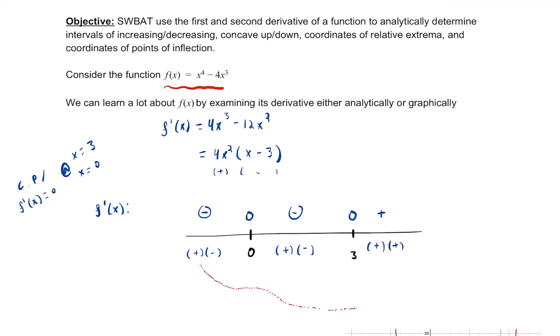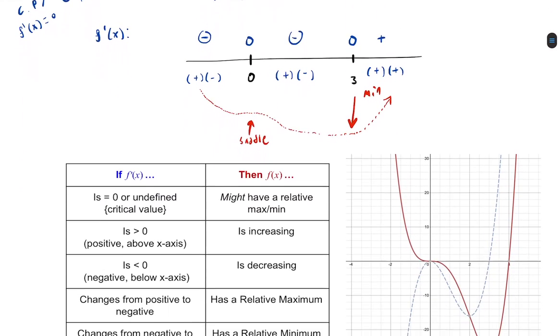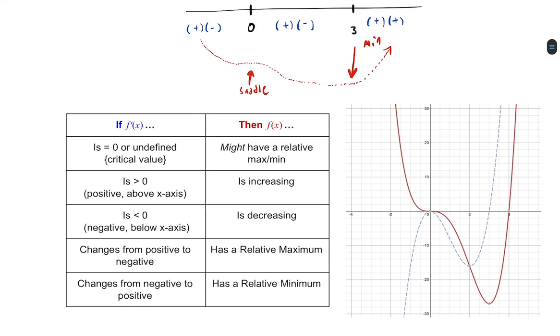So my original function must go back to increasing. And so our two critical points ended up being a minimum and what we would call a saddle point. We can see that a lot more clearly with the actual graph of this function.